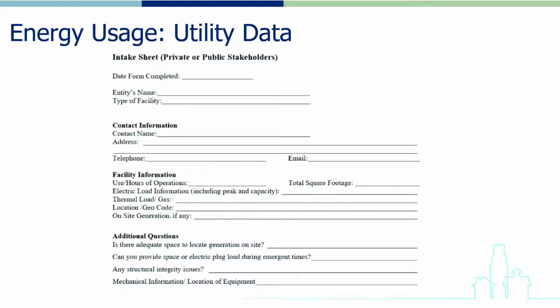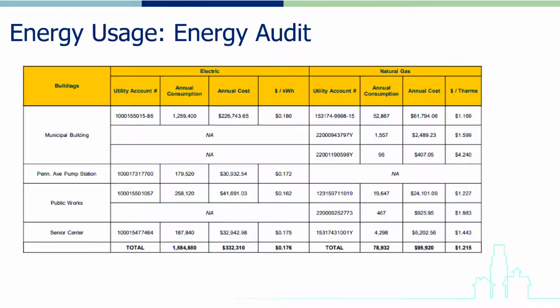This process usually involves contacting the facility and requesting that they provide the data on some type of survey form. The example shown here is the intake form that was used to obtain data on facilities in Neptune as part of their microgrid development planning process. As noted earlier, a detailed energy audit is also a great way to obtain information on the electric and thermal energy use at a specific facility.